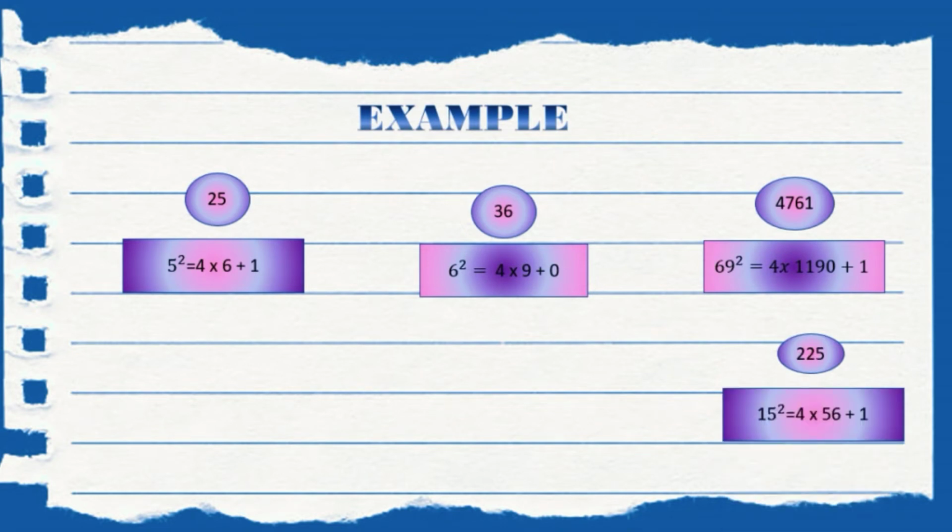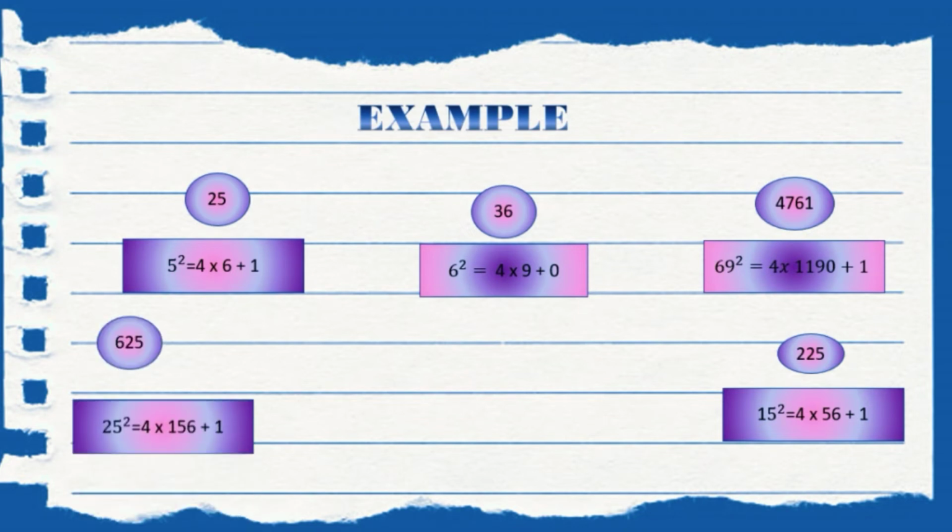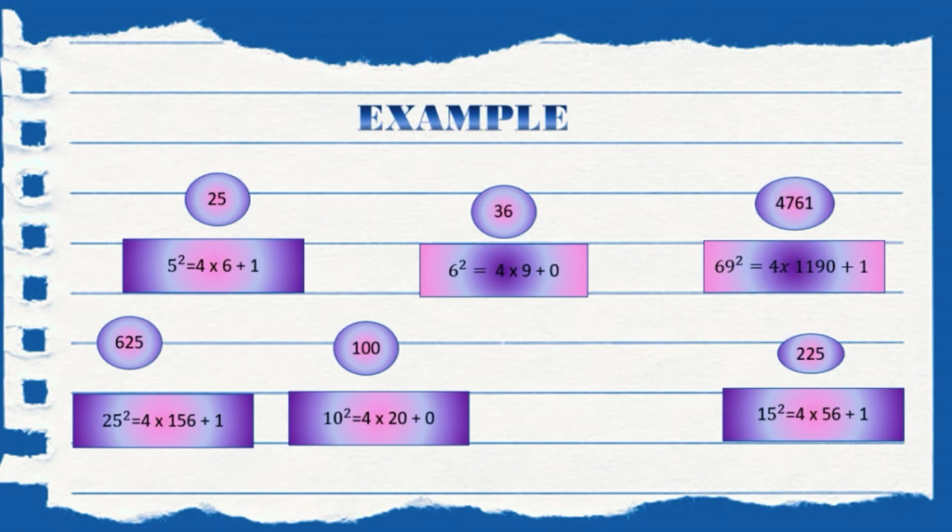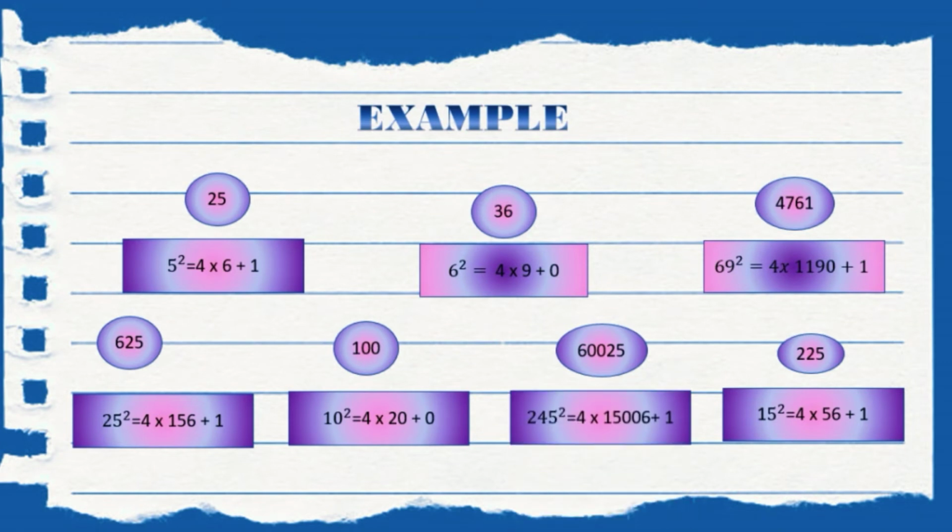225: if you divide 225 by 4, the answer would be 56 and leaves a remainder of 1. 625, when you divide by 4, you get 156 and leaves a remainder of 1. 100 is divisible by 4, and the answer would be 25 without any remainder at all. 60,025, when you divide by 4, the answer would be 15,006 and a remainder of 1.